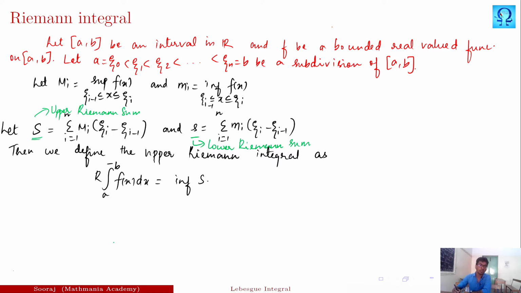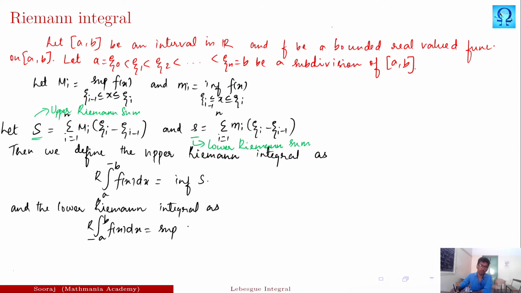So this infimum is taken over all possible partitions. The lower Riemann integral is defined quite similarly: the lower bar integral of f(x) dx is the supremum of all possible lower sums.